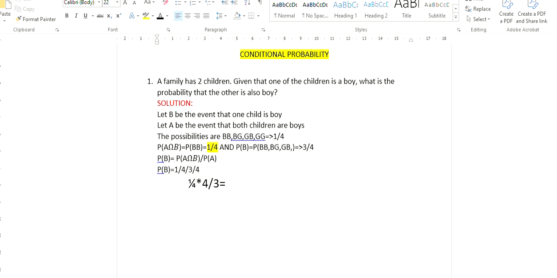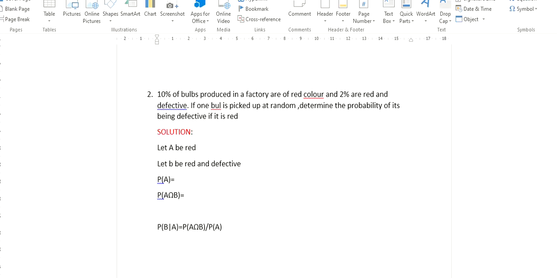When you divide 1 by 3, you will get 0.333. So the probability of the other also being a boy is 0.33.